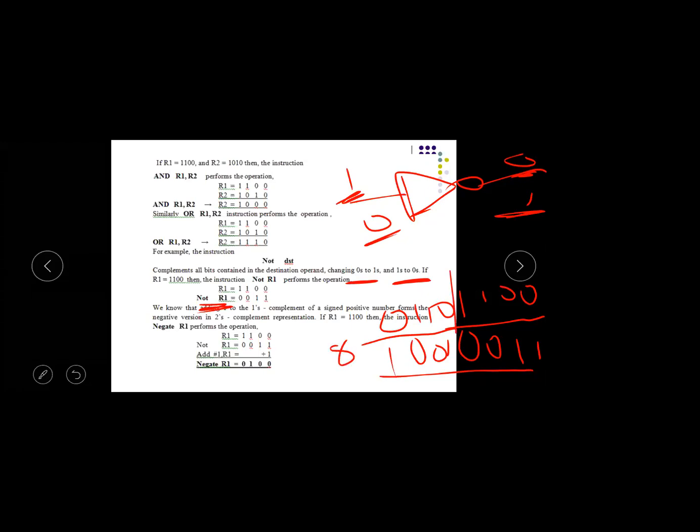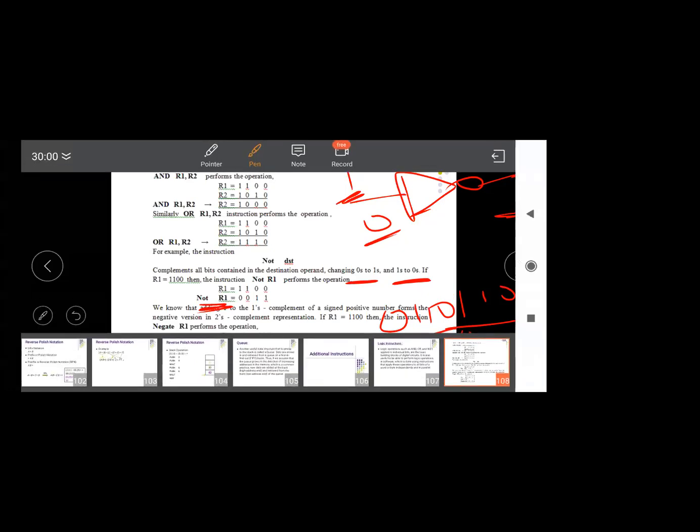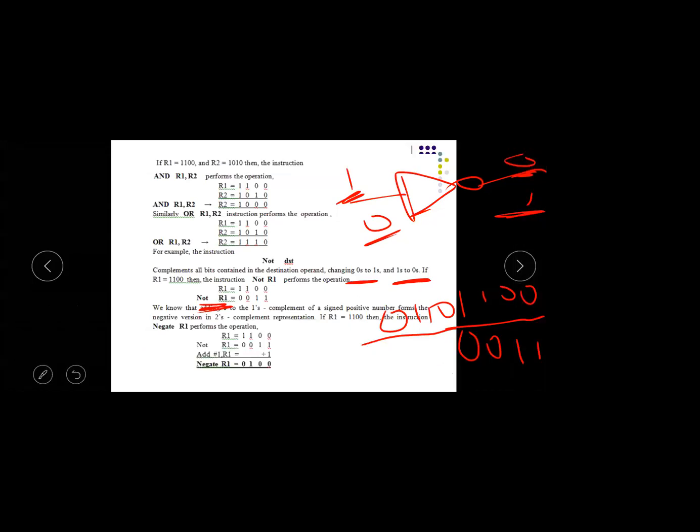If it is a 4 bit register, then you perform the NOT operation on 4 bits. Each bit is applied to a NOT gate, and ones and zeros are converted in this manner. And the NOT operation is used for subtraction.